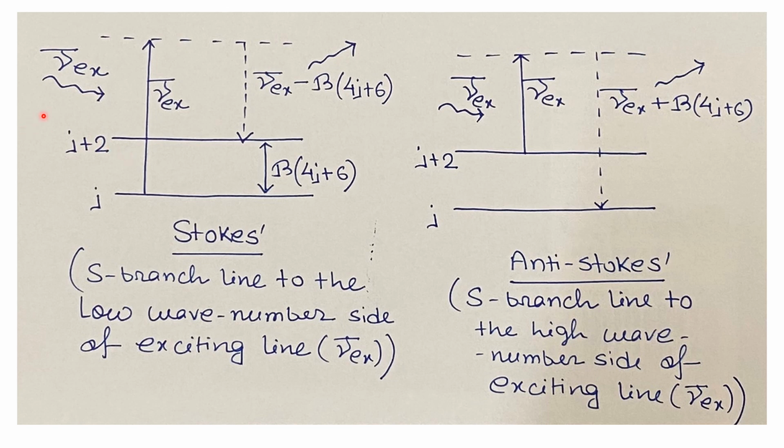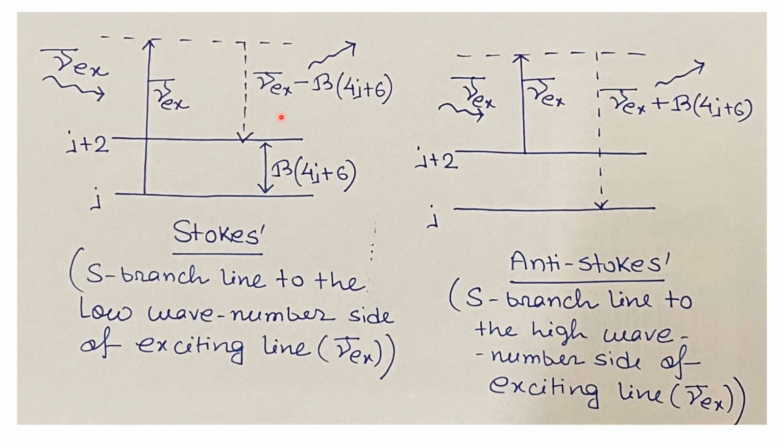Now the incident radiation on that diatomic molecule system has the wave number nu Ex bar. So the molecules at the energy level having rotational quantum number J will be excited to a virtual energy level having the energy nu Ex bar. And then the molecules will release their energy and come back to the higher energy level having rotational quantum number J plus 2.